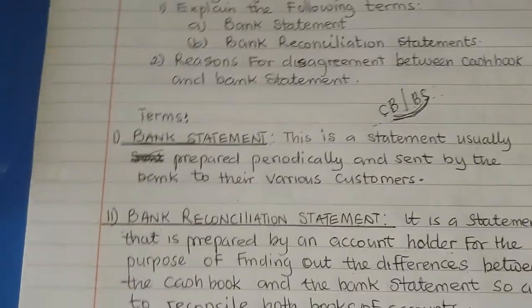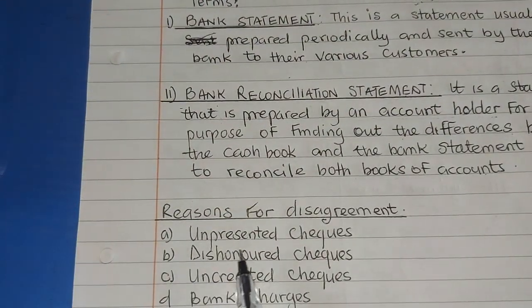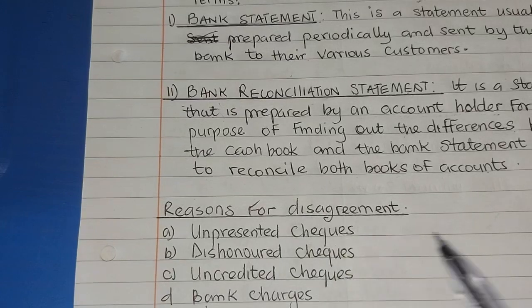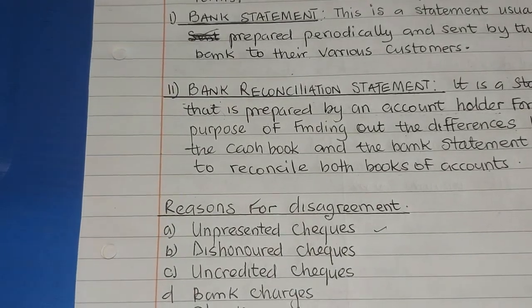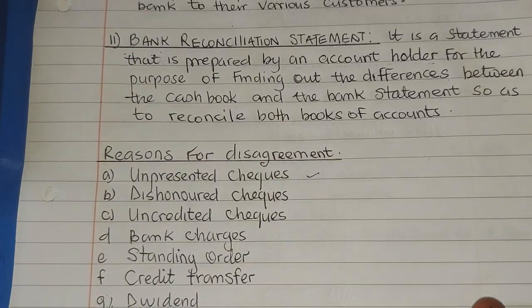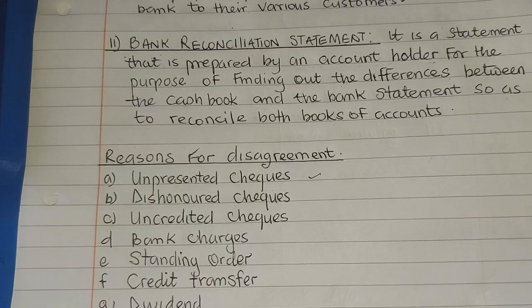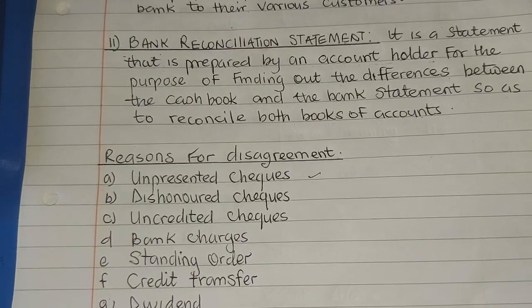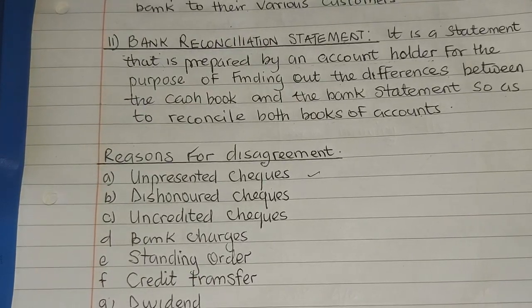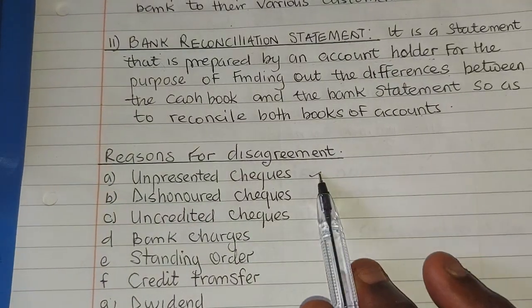Now, what could be the reasons for this difference? Number one is known as unpresented checks. So what are unpresented checks? Unpresented checks are checks, write it down, that are yet to be presented to the bank for collection as at reconciliation date.